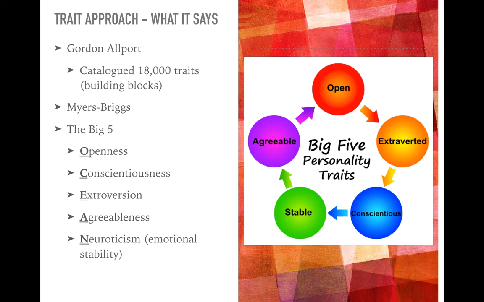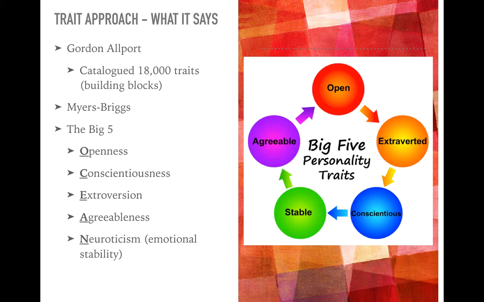When you go to a brand new restaurant, are you the person that orders something new on the menu to try it, or are you that person that orders the chicken fingers and fries everywhere you go? So there's a range for that.